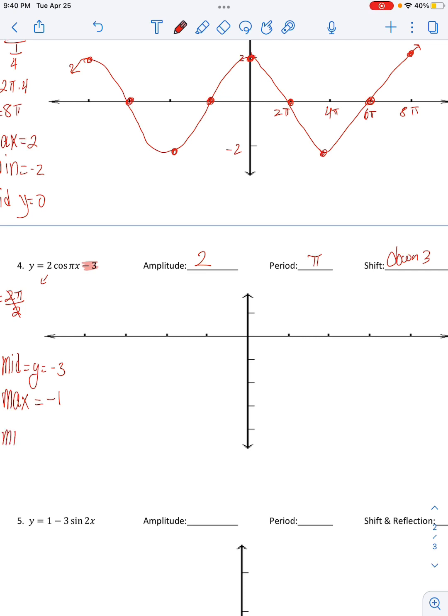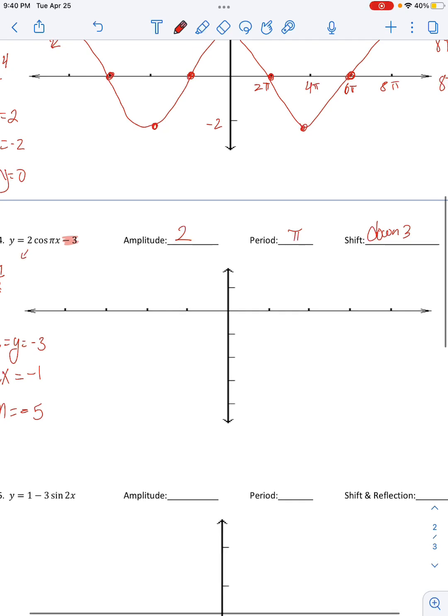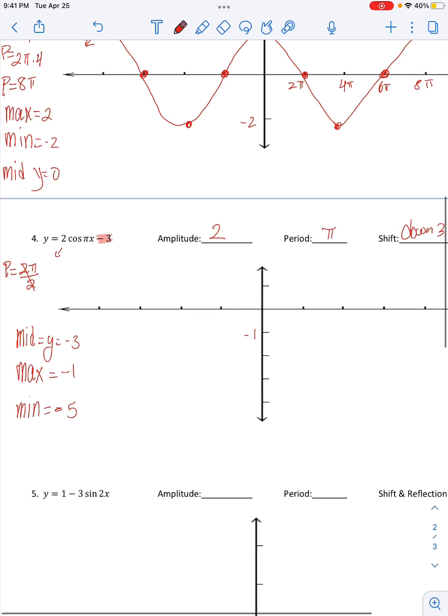And our min is going to be 2 below -3, which is -5. All right, this graph is a little off.